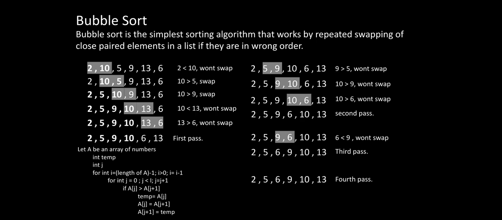For to be specific, this is the loop variable: for int i equals the length of the array minus 1, and we have a condition if i is greater than 0, it's gonna loop, and we're gonna decrement the value of i.